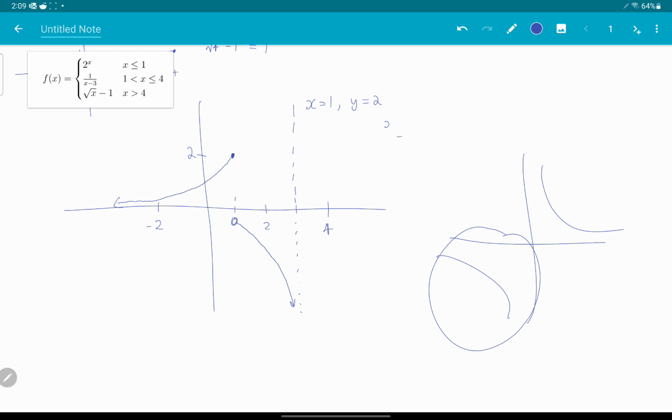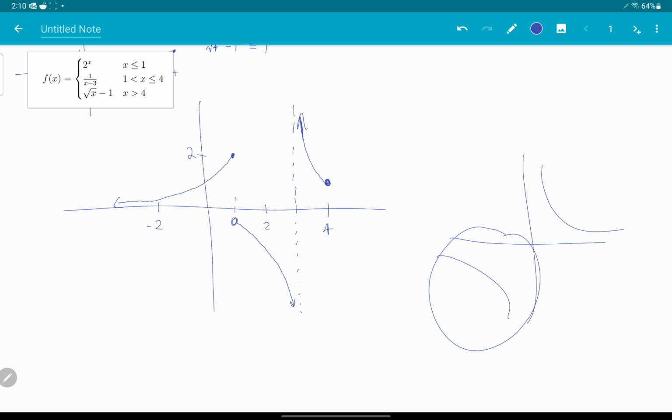Now I want to go all the way to 4 with this. So I'm going to come back up here, and it's going to come down like this. And it's actually going to hit 4. So closed ball right about there. Little arrow here to indicate I'm going all the way up.